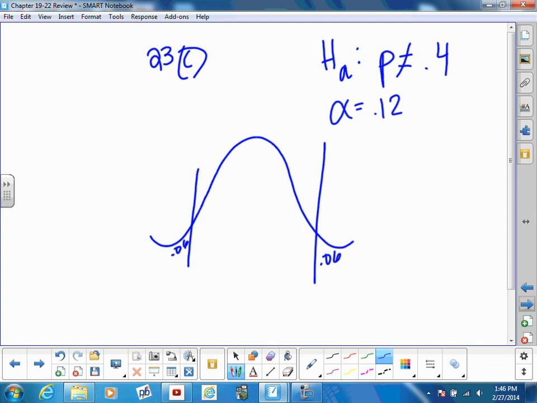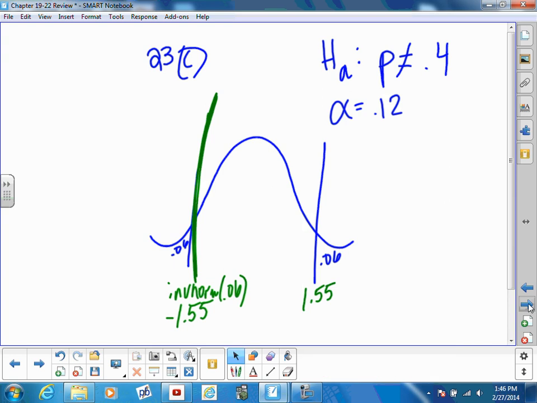How do I find this critical value? Inverse norm of 0.06, which I think is negative 1.55. And over here, it's positive 1.55 because it's symmetrical. If I asked what confidence you would have in that interval, 88%, because there's only 12% in the tails instead of 24% in the tails.